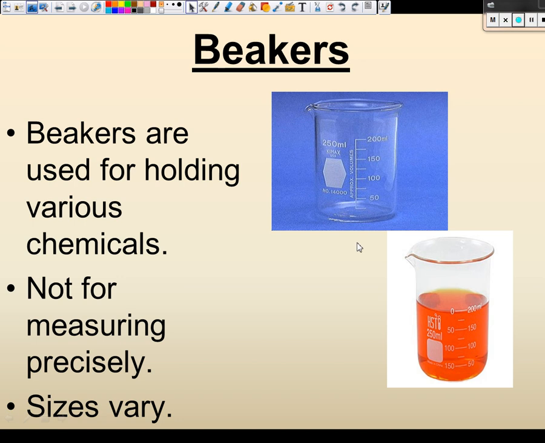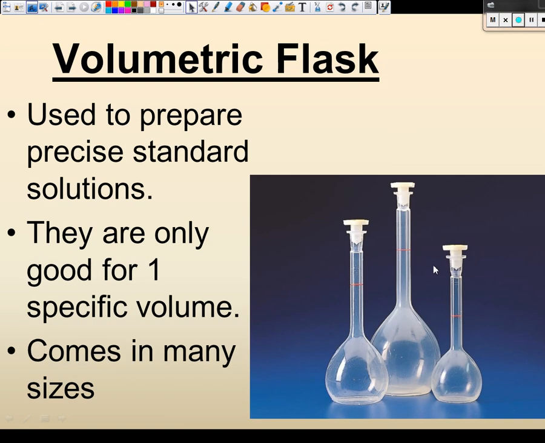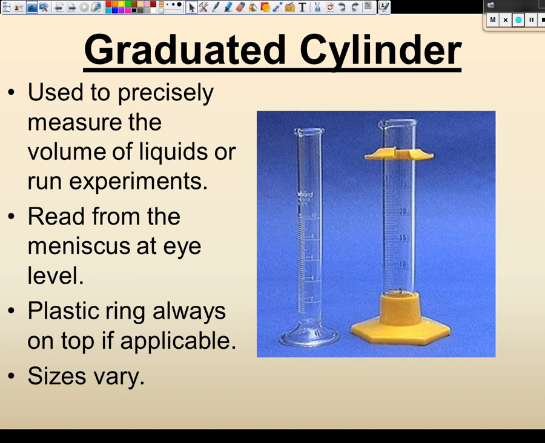So, because the diameter is more narrow, is it easier to read a volume in this versus a beaker that's really wide open? Yes. This is why volumetric flasks are used. It's because the diameter is so small that you can easily read the meniscus. Does that make sense?